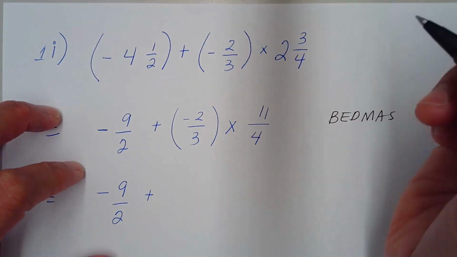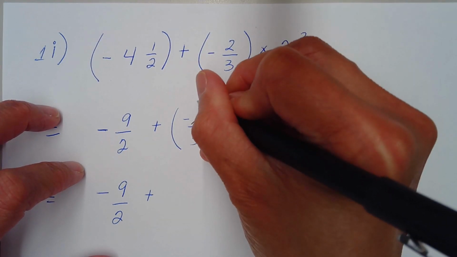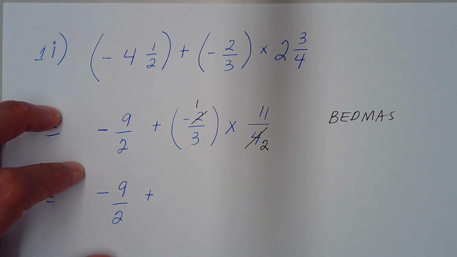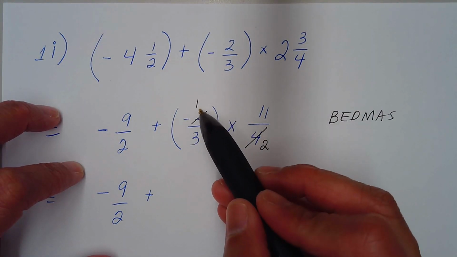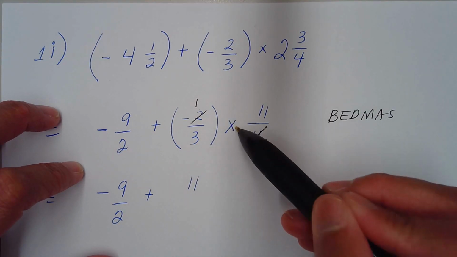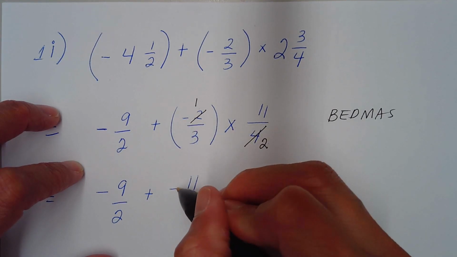Could we do that? Yeah, so they could be divided by 2. So this is 1. This is 2. Okay, now let's go ahead. 1 times 11 is 11. 3 times 2 is 6. But I gotta put the negative there.